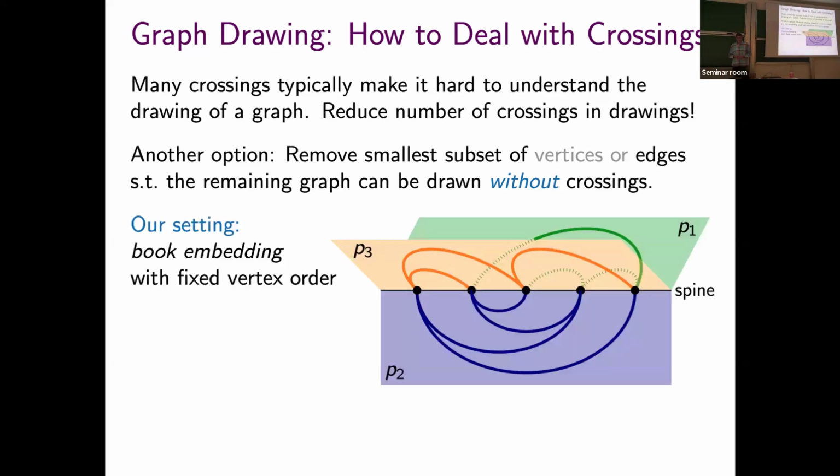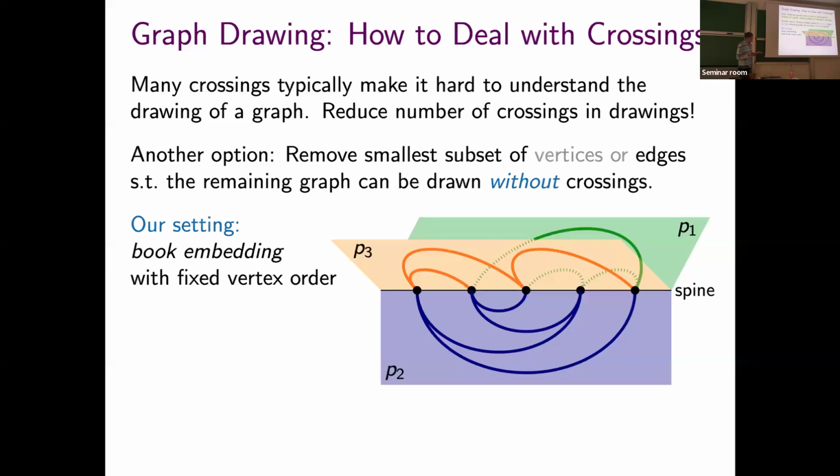Okay. And the setting in which we will draw our graphs is a well-known one for people who look into book embeddings, where you insist that the vertices should be aligned on a, say, horizontal line, and the edges are drawn in half planes that meet in this horizontal line, which is called the spine of your drawing.